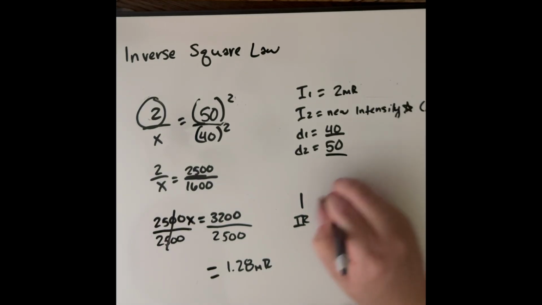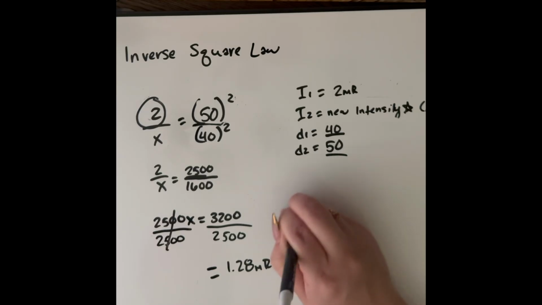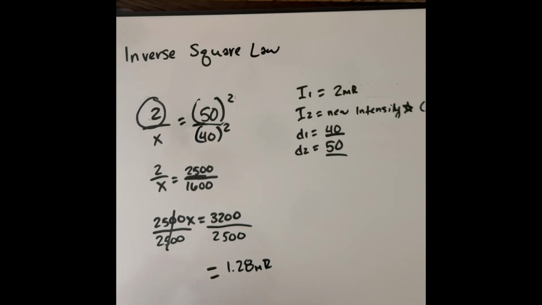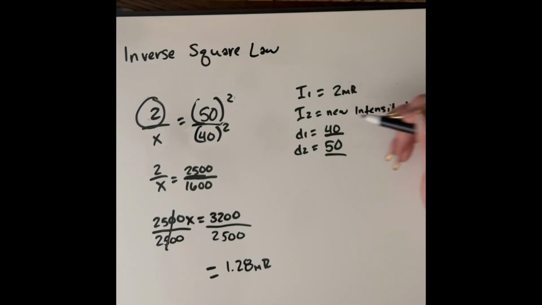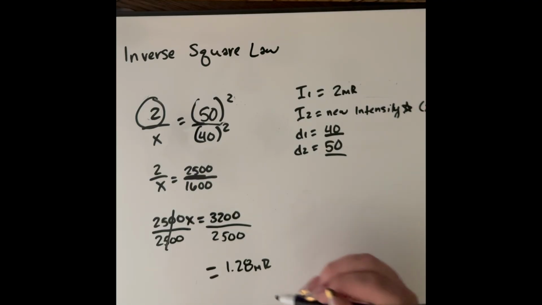So when I'm looking at these problems on my test, if I know my second distance is further away, I should expect my intensity to go down, which ours did. If you are looking at your math problem and 2 of them are bigger than 2, then we could have eliminated those right away.